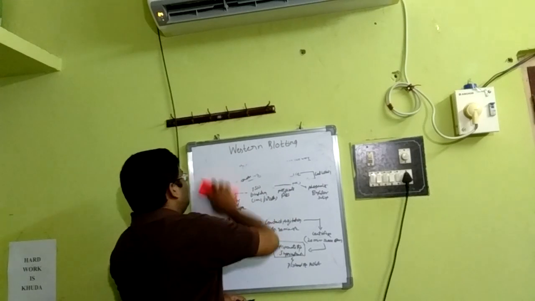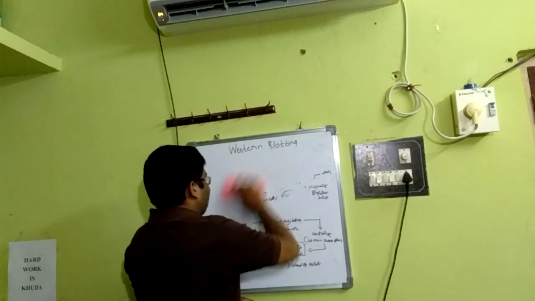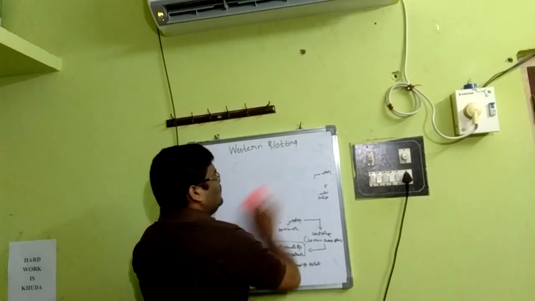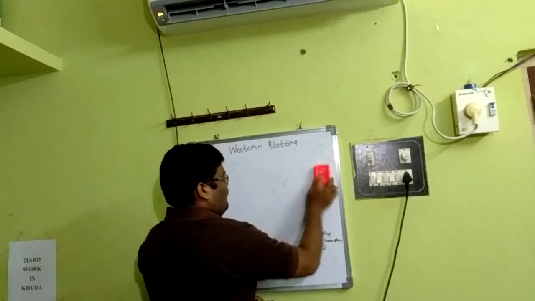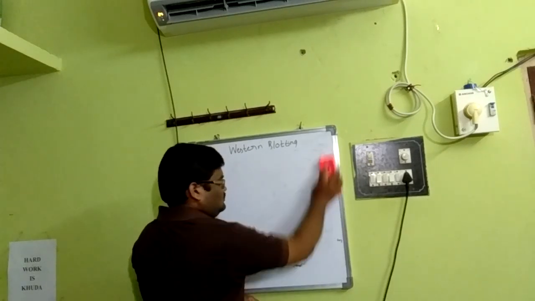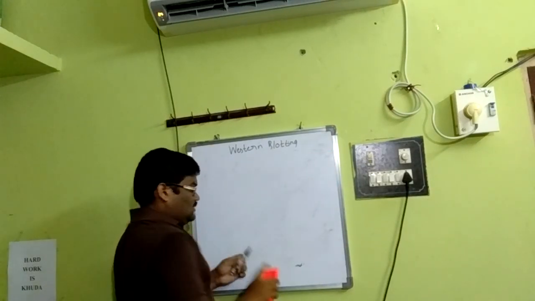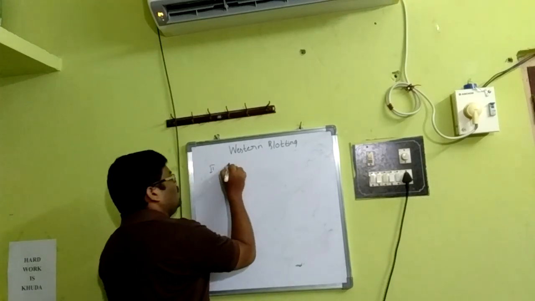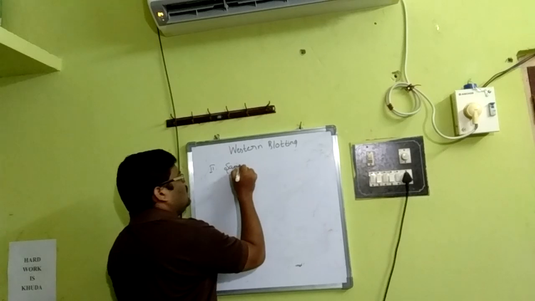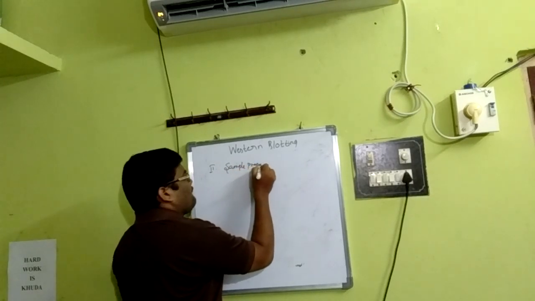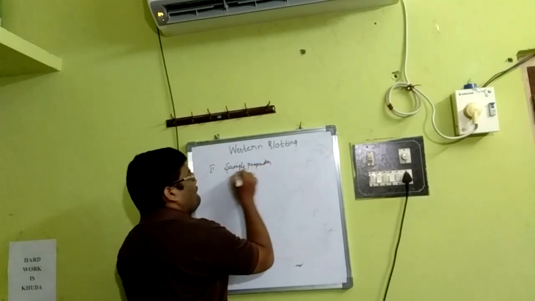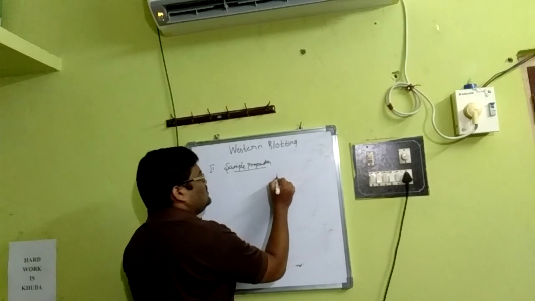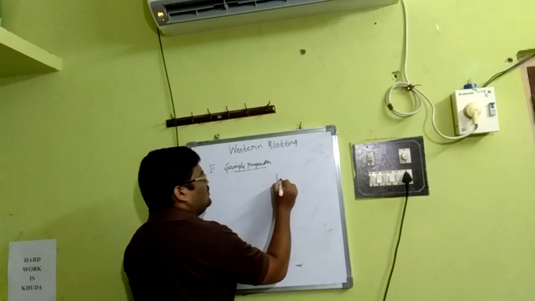Next step is sample preparation. This is very important. Say for instance, this is a centrifuge tube.